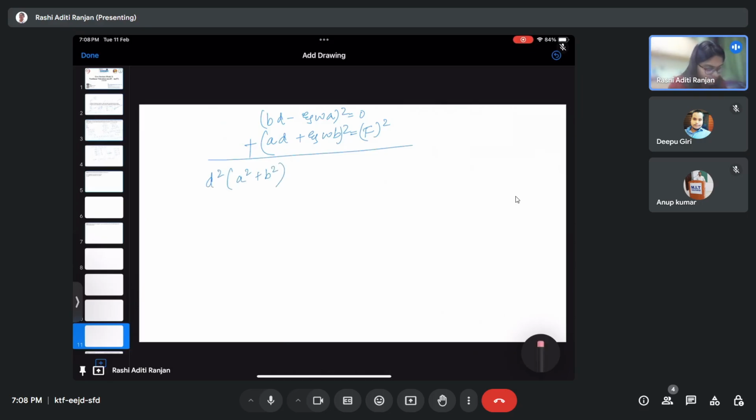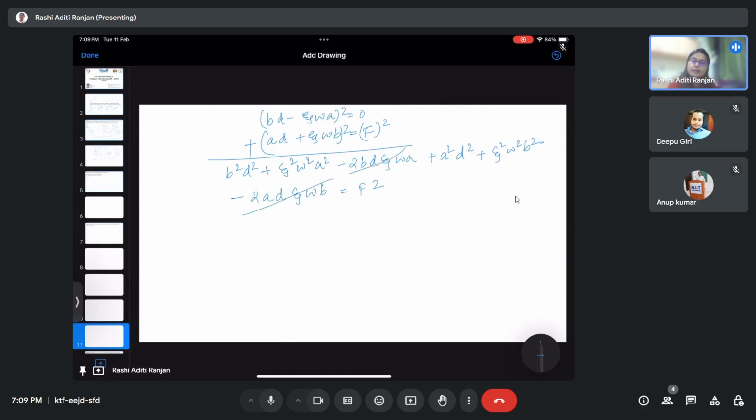Okay, maybe I should not skip this step. b square d square plus sin square omega square a square is twice of b d omega a plus e square d square omega square b square minus a d omega b is equals to f square.